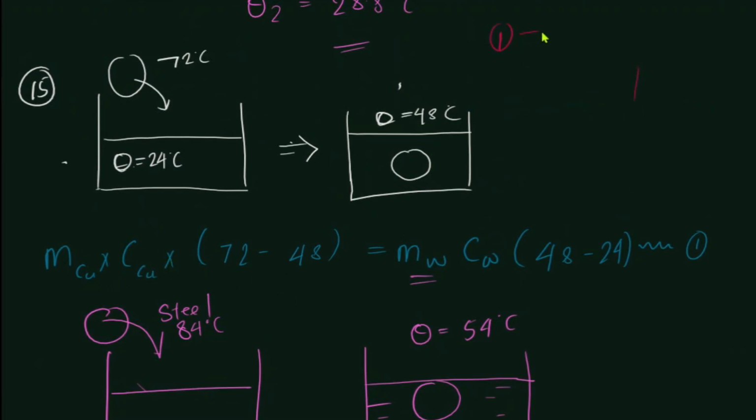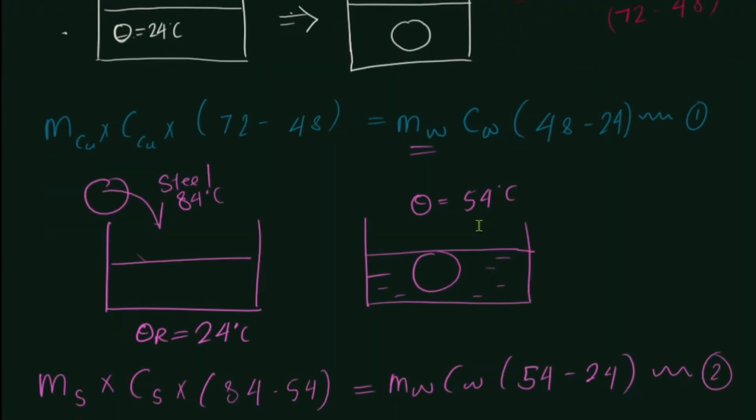If we make m_Cu c_Cu the subject from the first equation, m_Cu c_Cu is equal to m_W c_W times 48 minus 24 over 72 minus 48, right? This is the equation for m_Cu c_Cu.